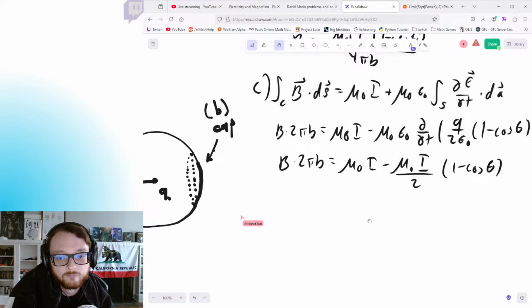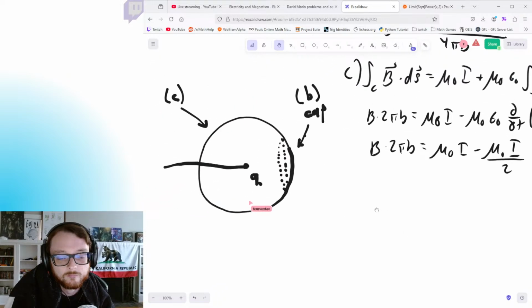Yeah, could we do that? It should just be the magnitude of dE/dt times 4 pi r squared, whatever the radius of the sphere is, right?